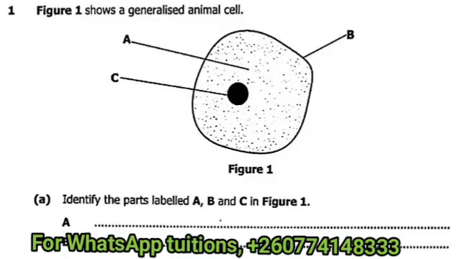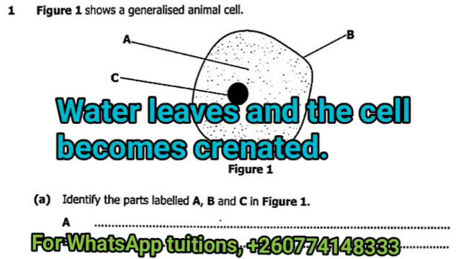So what exactly do you think is going to happen? Water is going to leave the cell, and after water has left, the cell will become crenated. So crenation will take place. If we are talking about an animal cell, this is an animal cell, it will undergo crenation.